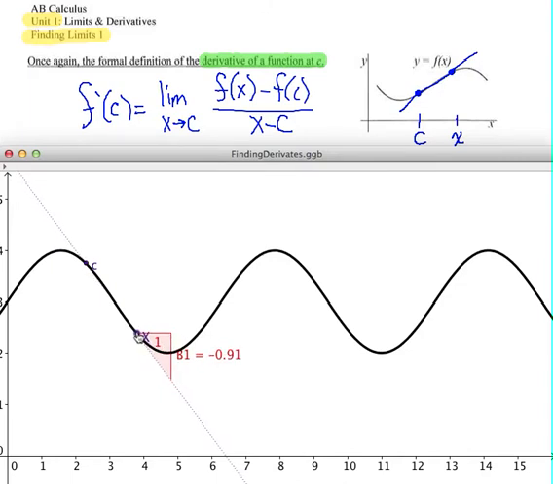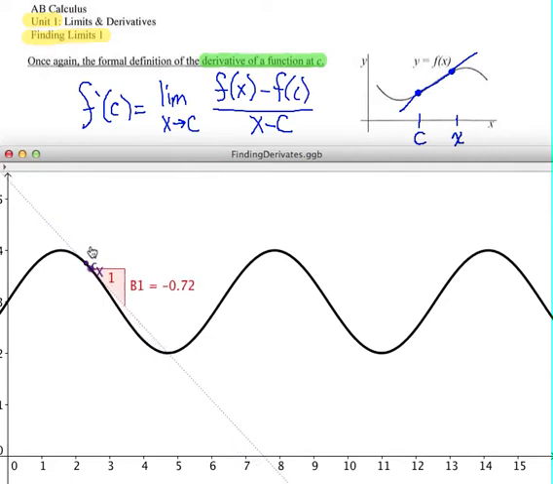As I do that, you can see that the slope of the secant that has been drawn in here is changing. And what I'm paying attention to is what I think the limit of that slope is going to be. And you can see here it's negative 0.84, negative 0.83, negative 0.8, negative 0.7978.